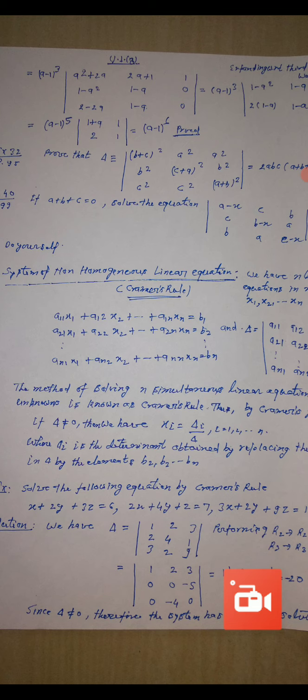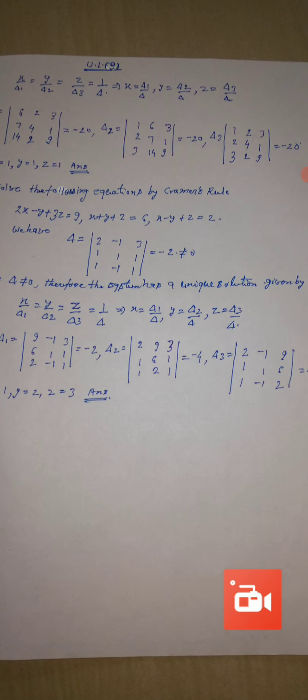Since delta is not equal to 0, the system has a unique solution given by x upon delta 1 equal to y upon delta 2 equal to z upon delta 3 equal to 1 upon delta.